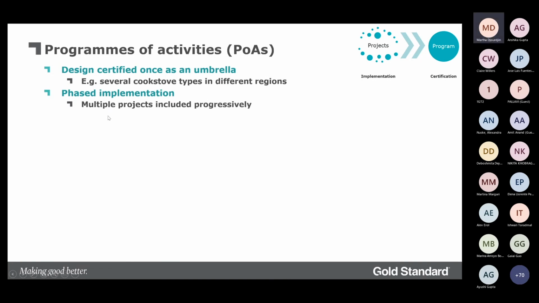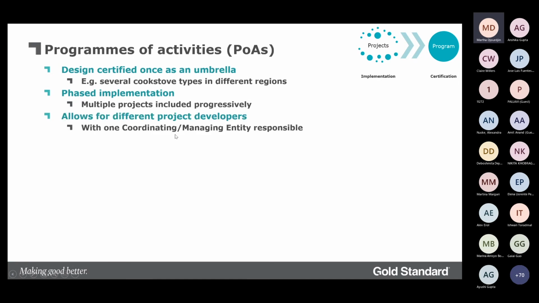So multiple projects are included progressively. You don't need to know every project that will be part of the program in advance. It allows for different project developers. So you would have one coordinating or managing entity that is responsible for the whole program, but every project under the program can then be managed by a different project developer.